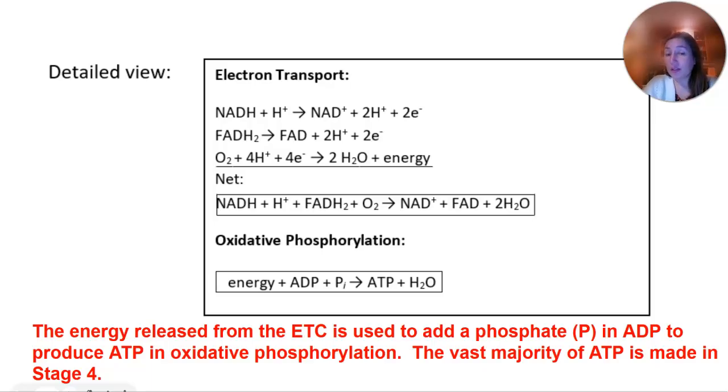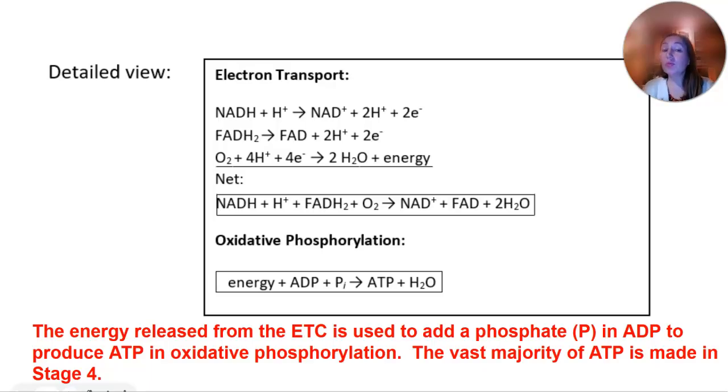Now, oxidative phosphorylation takes energy plus ADP plus a phosphate and reacts to form ATP and water. So it's really ADP, a diphosphate, plus another phosphate reacting to form ATP, which is a triphosphate.